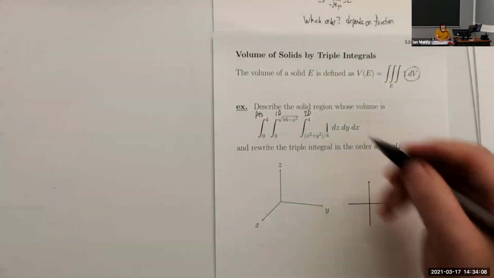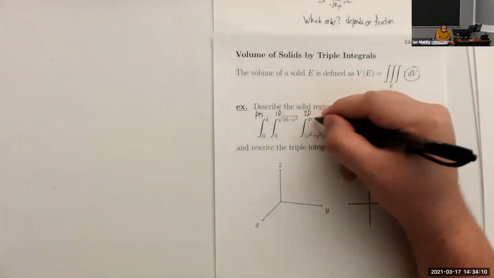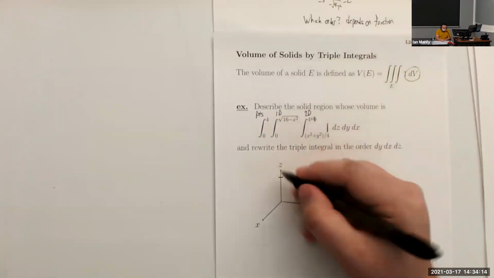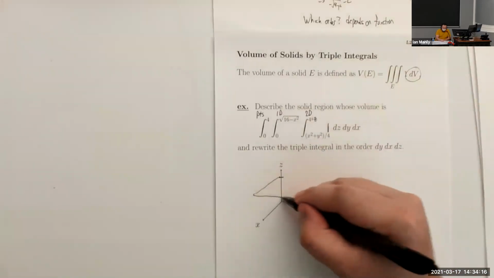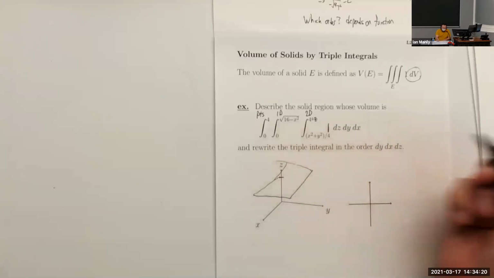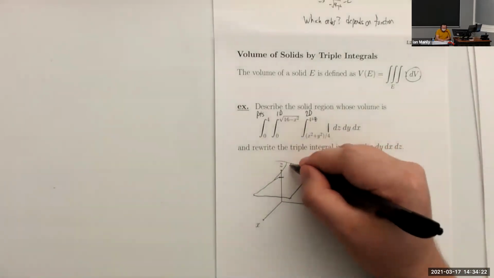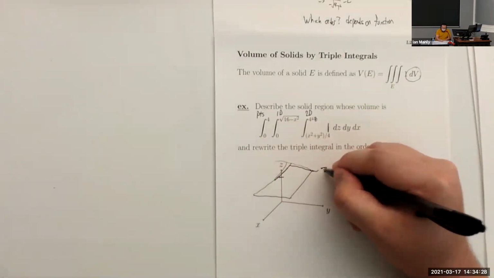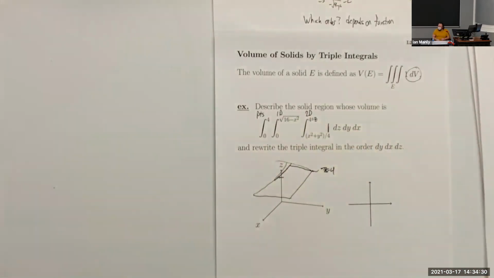All right, so my first surface is z equals 4. So z equals 4 is just a plane. Okay, so we have a plane like that. There we go, that's a little better. So z equals 4 will be our upper bound for z right here.